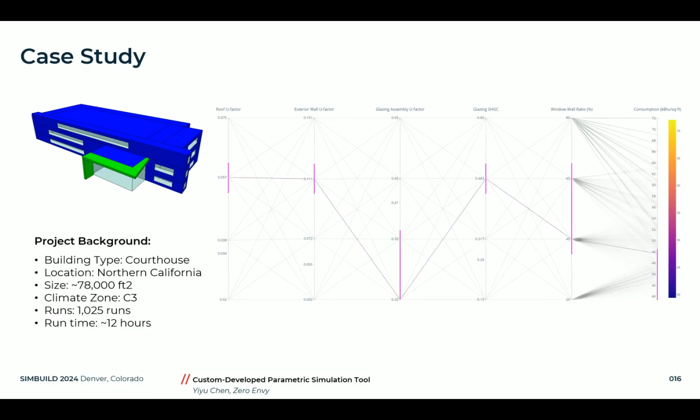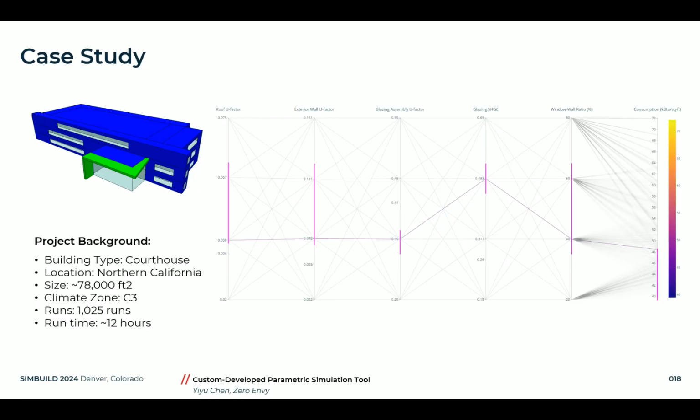So the first thing we looked at was to lower the glazing assembly U factor to 0.25. Now this works, however, 0.25 is pretty challenging to achieve. So we want to know if there are other options available to us. So the next thing we looked at was to lower the exterior wall U factor to 0.072. Now by itself, this is still not working, but if we can at the same time lower the roof U factor to 0.038, now we have a new path.